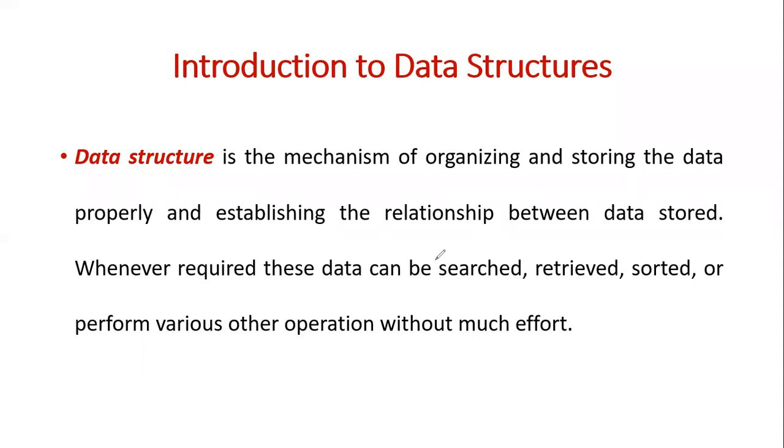These are the typical operations normally required in any human activity: searching, retrieving information, sorting, or some other operation like deleting some item. Maybe it may be a list of students.